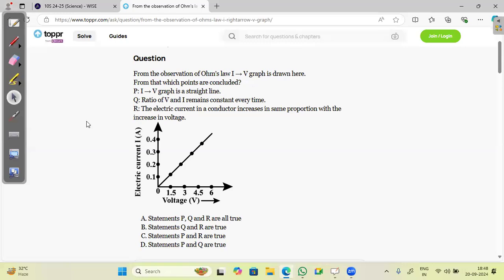The third, R: the electric current in a conductor increases in same proportion with increase in voltage. So which statements are true? Sir, Q is true. Okay, see the options. A is statements P, Q, and R are all true. B is statements Q and R are true. C is statements P and R are true. And D is statements P and Q are true.